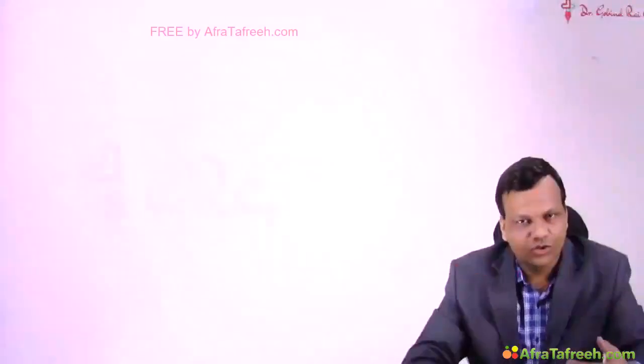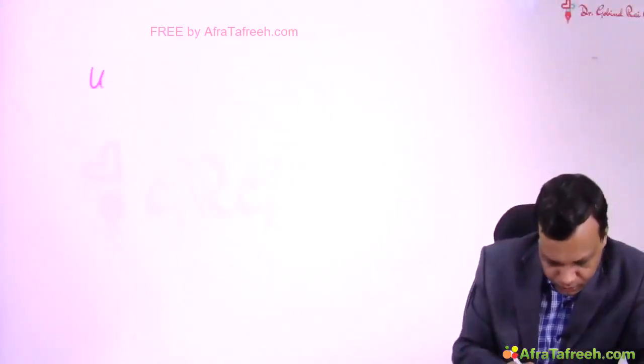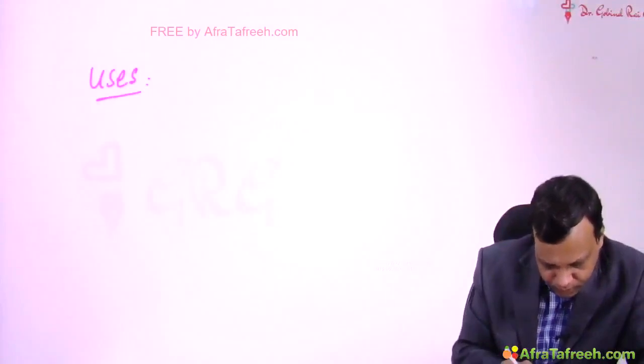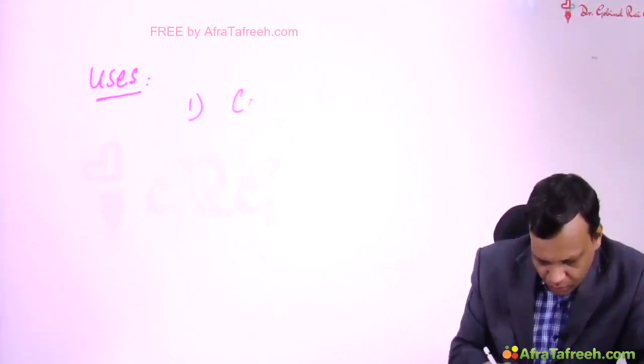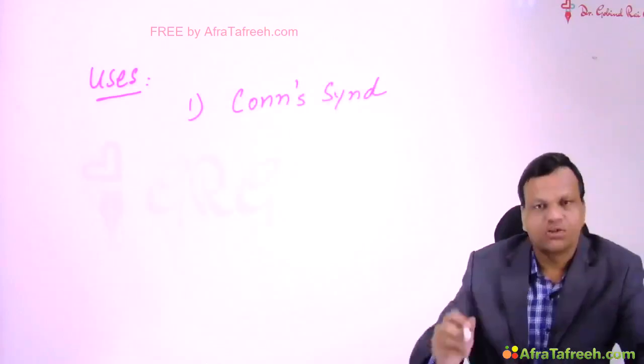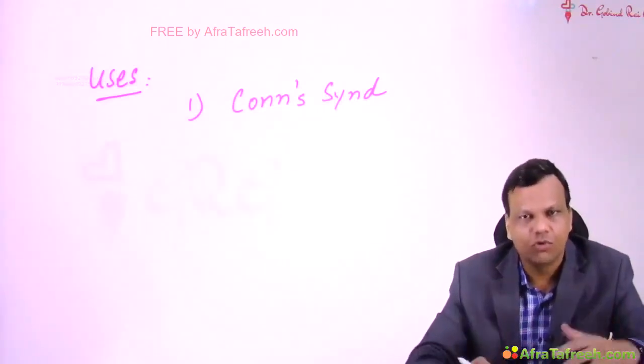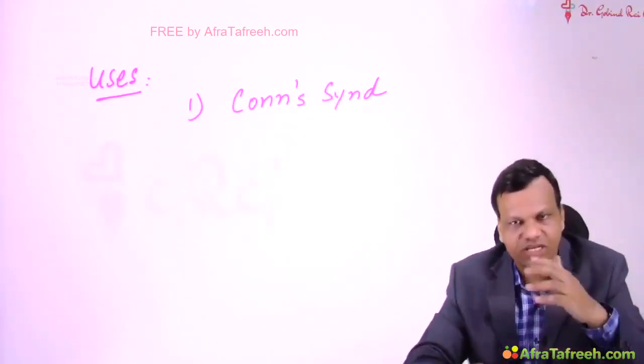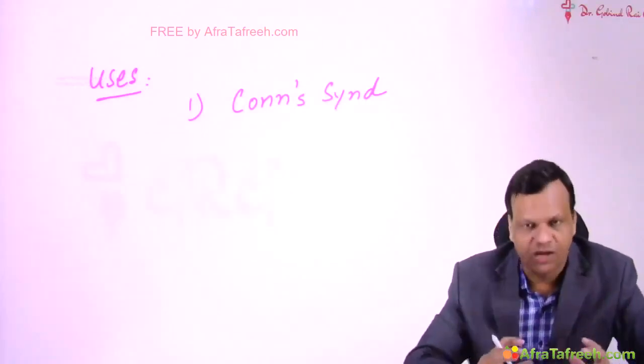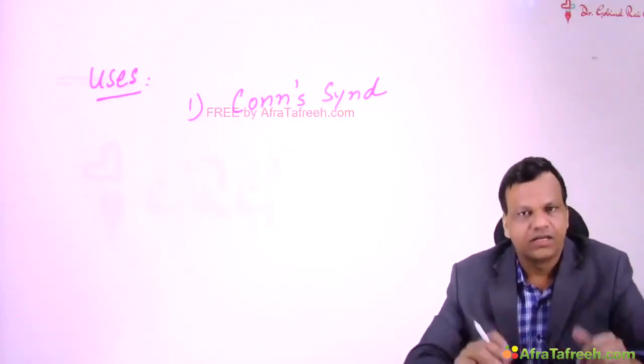Uses of aldosterone antagonists include Conn syndrome. Conn syndrome is a condition in which there is hyperaldosteronism. So more aldosterone is secreted. So obviously if we block their receptors by giving spironolactone-like drugs, we can treat the condition.